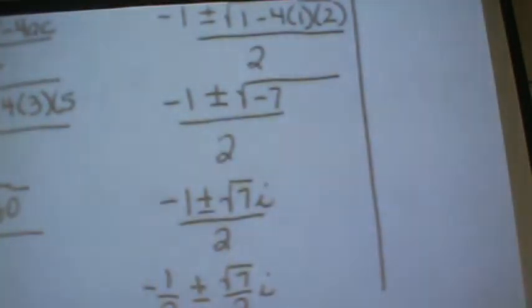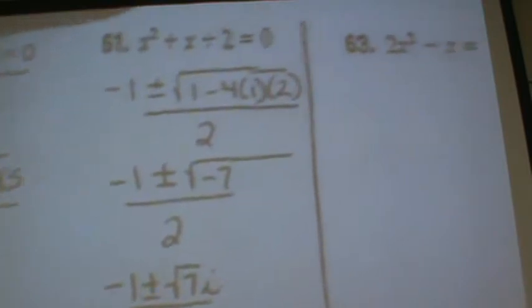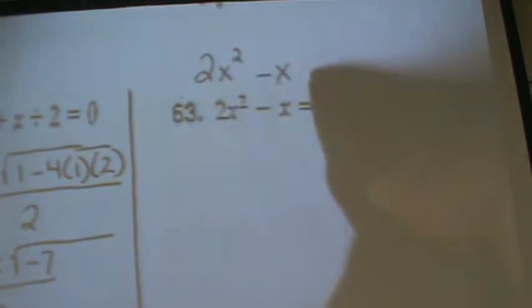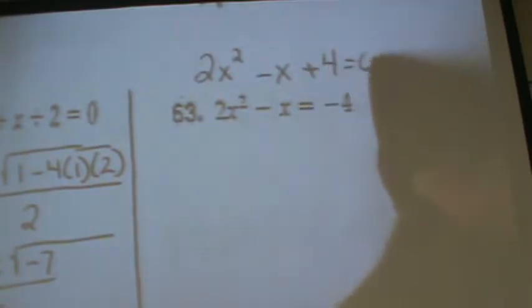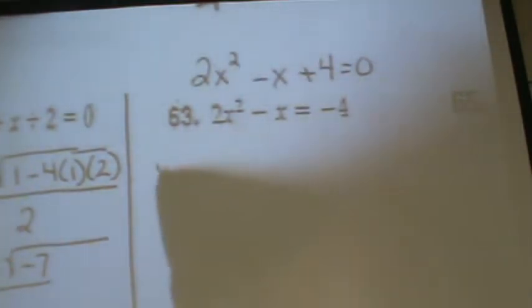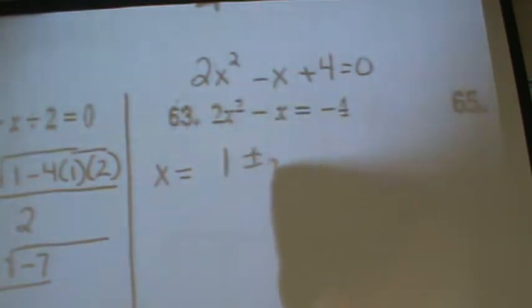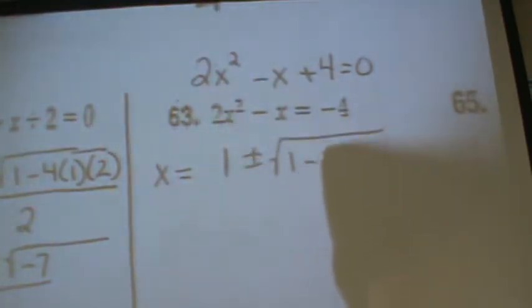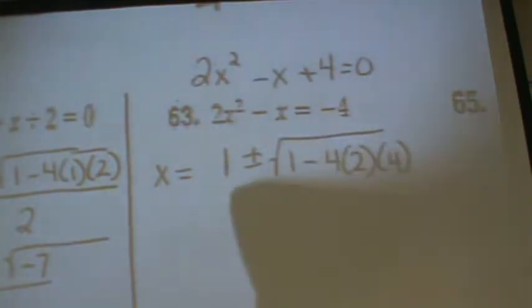63. This one is in the wrong order. It's not in standard form. So you're going to write 2x squared minus x plus 4. So the quadratic formula says the opposite of b, which is 1, plus or minus 1 minus 4 times 2 times 4, all over 2 times 2, which is 4.